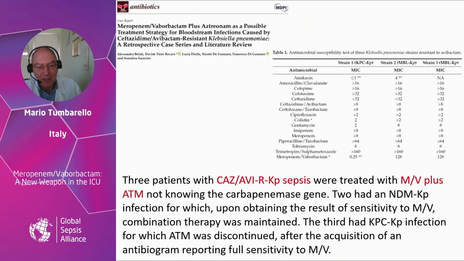Based on this, a paper has recently been published treating 3 patients with Ceftazidime-Avibactam resistant isolates with Meropenem-Vaborbactam plus aztreonam, and 2 of these patients were identified as metallo-beta-lactamase producers. This is probably an attempt to make a homemade aztreonam-vaborbactam, but probably it is only a desperate resource for a desperate situation.